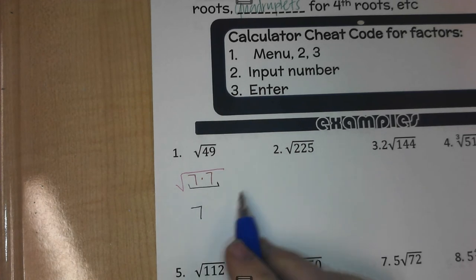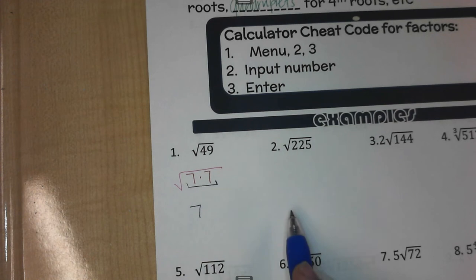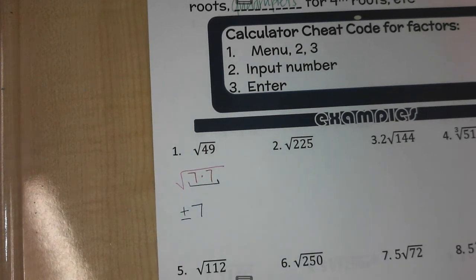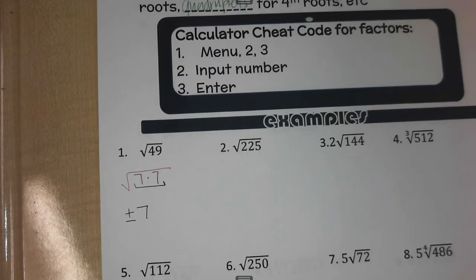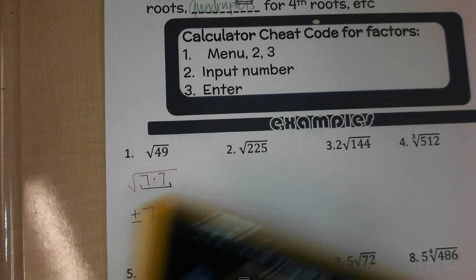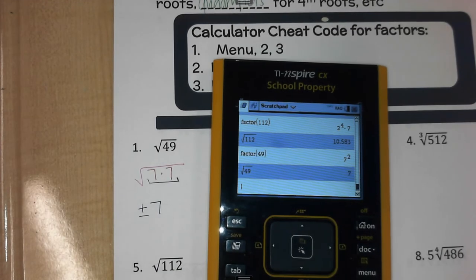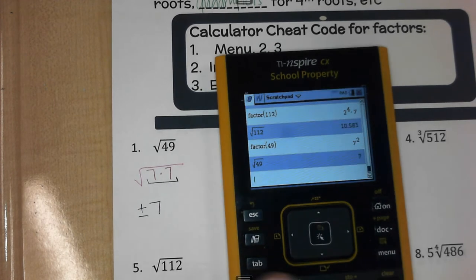There's no other factor, so I don't need to put another square root with anything remaining. Something we do need to note is we're going to be leaving these as plus or minus whatever we get. Okay? So we can also check that one with the calculator because it does come out evenly. The square root of 49 is 7. But look at number 5.